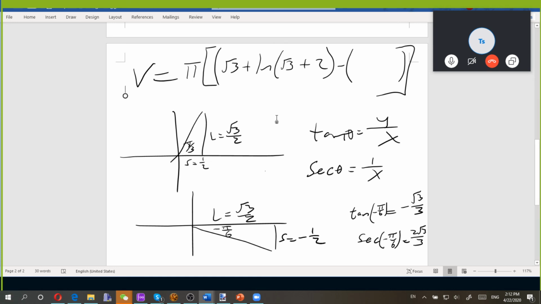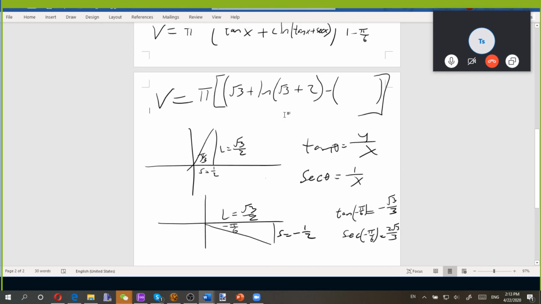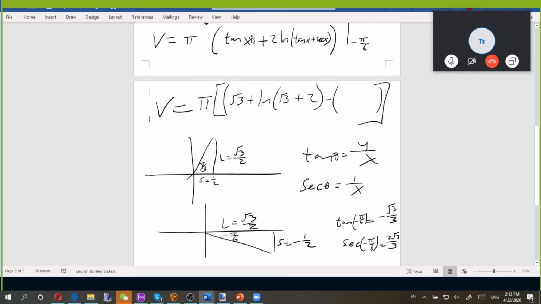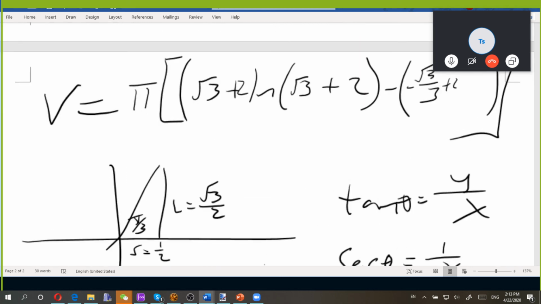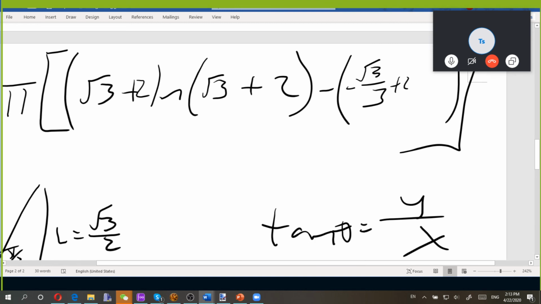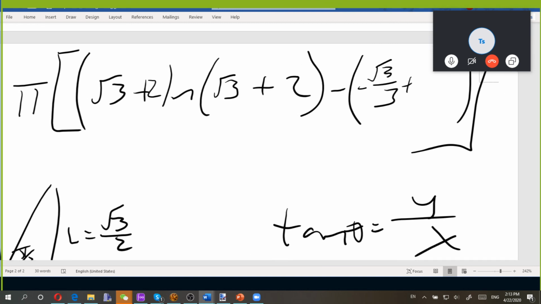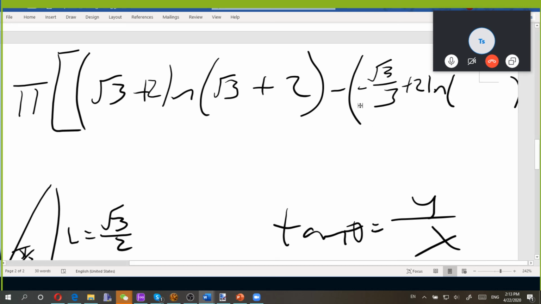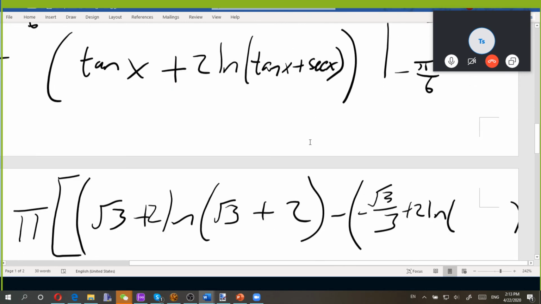Okay, so now I'm going to plug those in to our formula up here. So I need the tangent, which we said was negative root 3 over 3, plus 2 times my natural log of the tangent of x plus the secant of x.